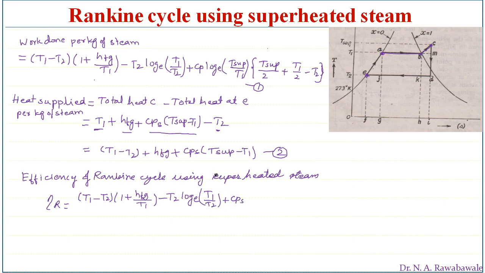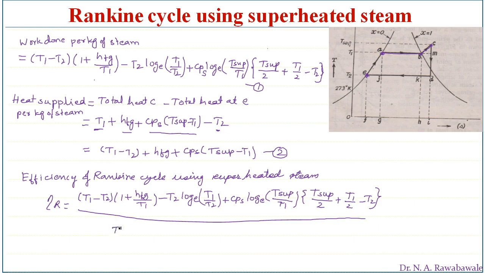plus Cps, specific heat, log to the base e T sub divided by T1, another bracket T sub divided by 2 plus T1 divided by 2 minus T2, whole divided by heat supplied, which is T1 minus T2 plus HFG plus Cps, specific heat of steam, into T sub minus T1.